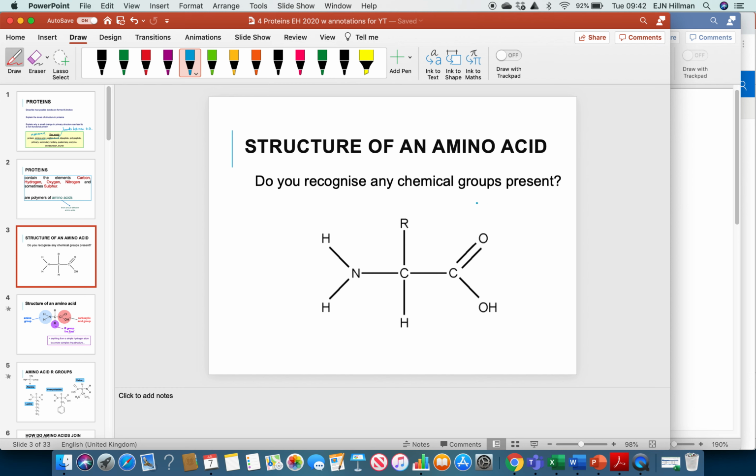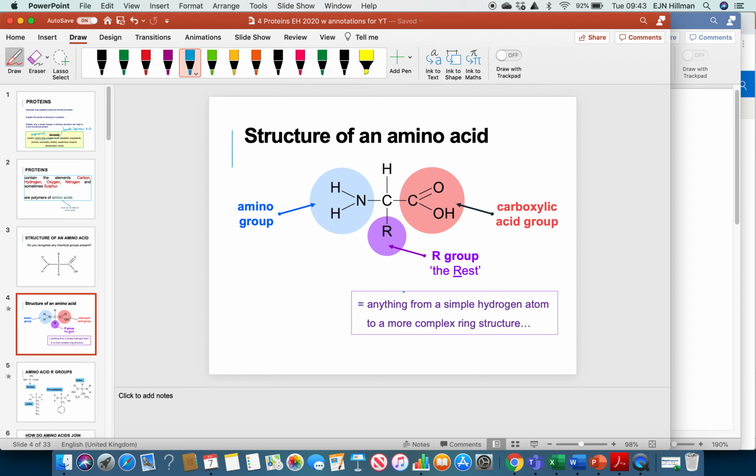You may be familiar with some of these groups previously. So NH2, if we think about NH3, is ammonia. So that's related. Carboxylic acid, you may have come across carboxylic acids previously. And then, like I said, you may need to label these in an exam question.